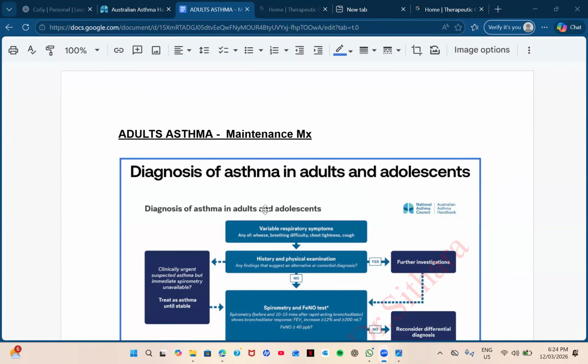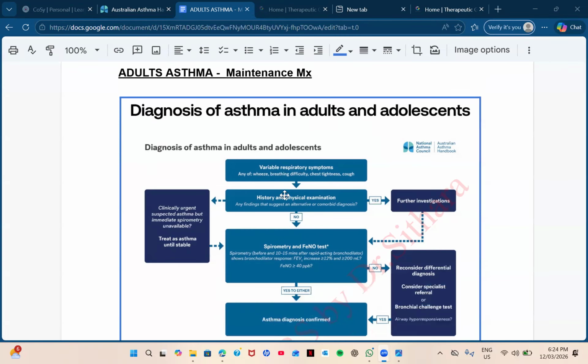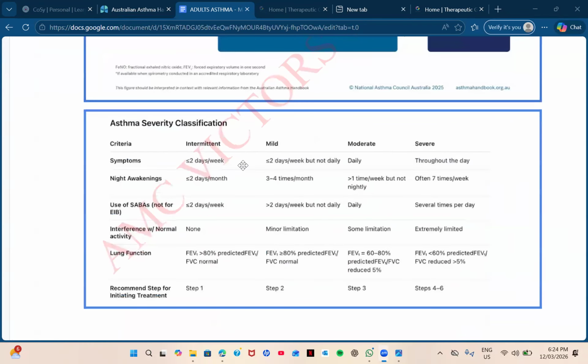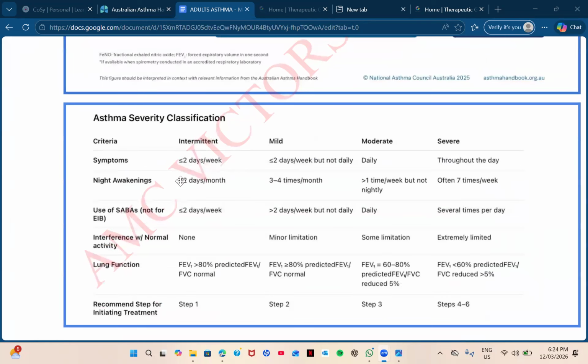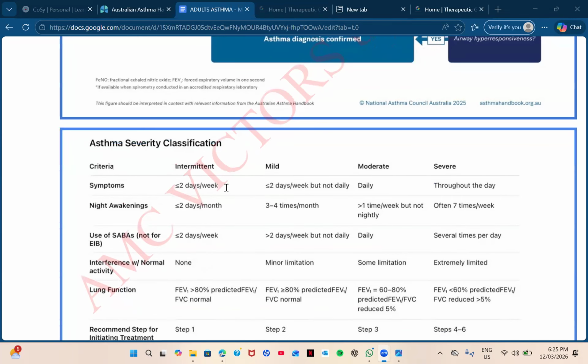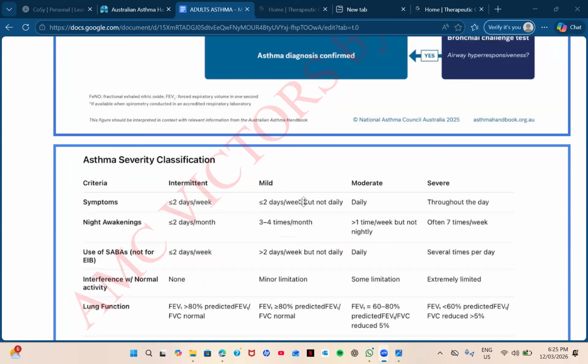Okay, so let's discuss maintenance therapy. I'm not going to discuss diagnosis and everything. You should know about asthma severity classification according to the symptoms. We have intermittent, mild, moderate, and severe. If symptoms are less than or equal to 2 days per week, night awakening less than 2 days per month, or SABA use less than or equal to 2 days per week, we can consider it intermittent.